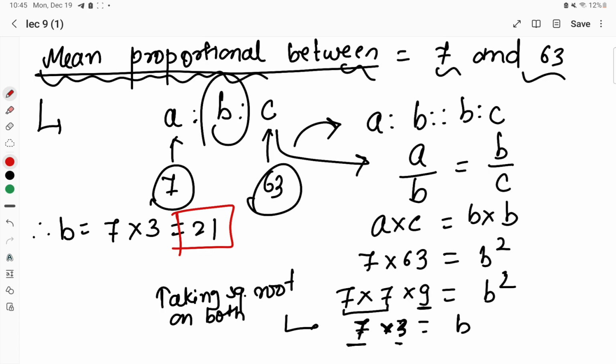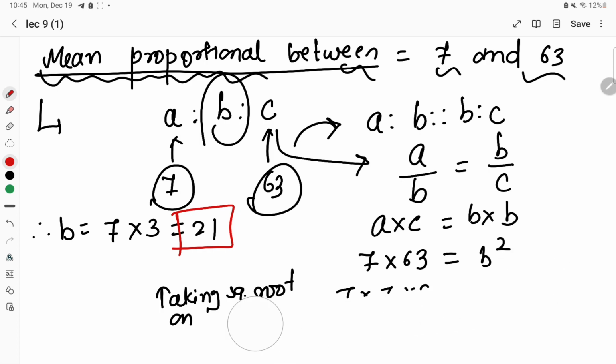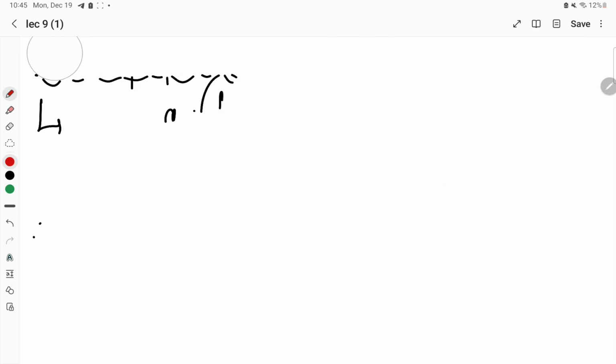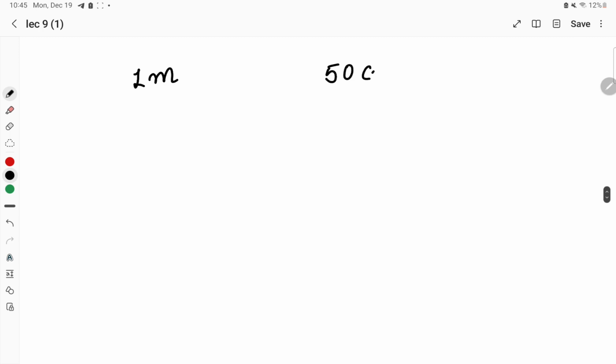One more thing I'd like to discuss is, for example, I have given you 1 meter and the other value I have given you is 50 centimeter. These are the two values.